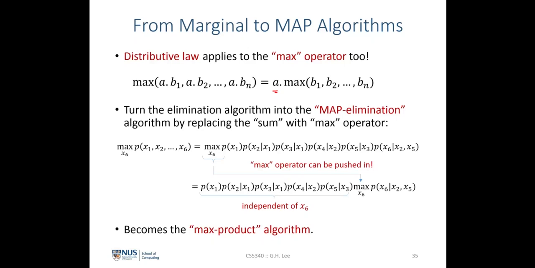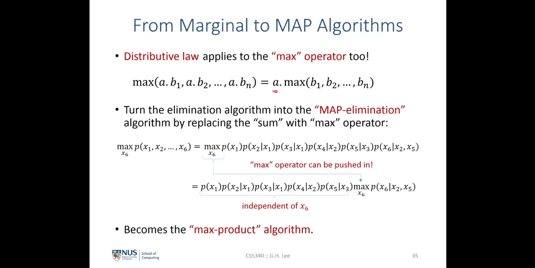Here's an example. Suppose that we are going to look at the max over the random variable x6 in the joint probability of x1 all the way to x6. This is equivalent to the maximization over x6 of the joint probability distribution factorized in this form, as given by the Bayesian network that we have seen in the previous lecture.